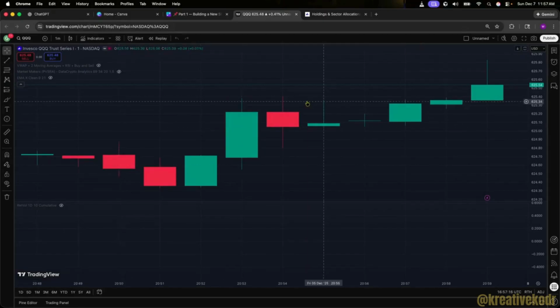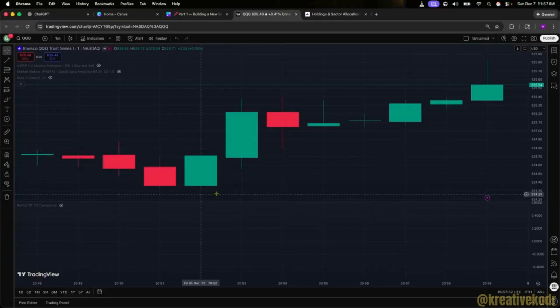What I also want to confirm is that we take the EMA at 12, and if it's greater than the SMA of 12, that confirms the signal. So that's going to be a bullish signal.